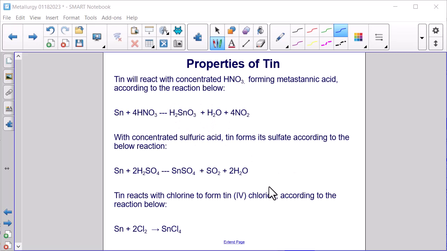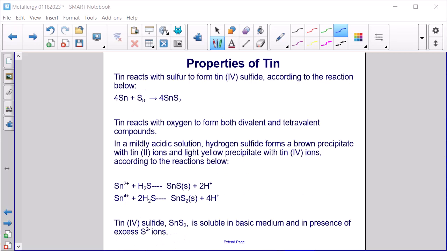With concentrated sulfuric acid, as shown here, tin forms its sulfate, and tin reacts with chlorine to form tin-4 chloride, shown by this reaction. Tin reacts with sulfur to form tin-4 sulfide, shown in this reaction.